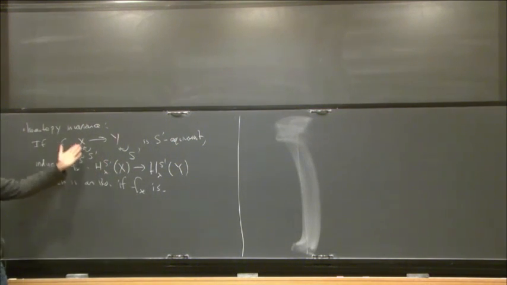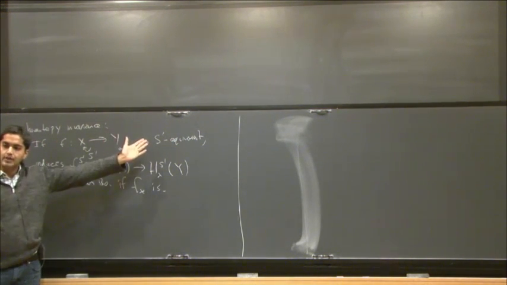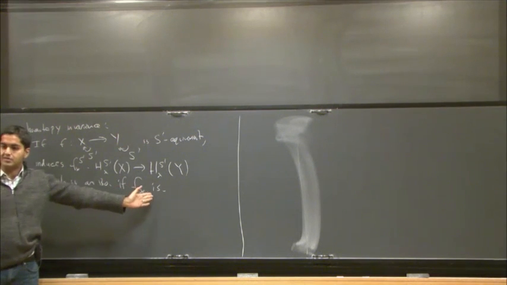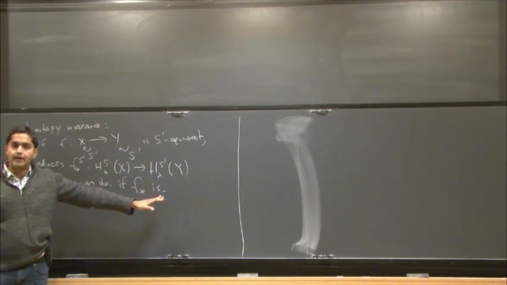Okay, so it's an isomorphism if this map is an ordinary homotopy equivalence, but it's also an isomorphism if the map was just a homology equivalence on regular homology.